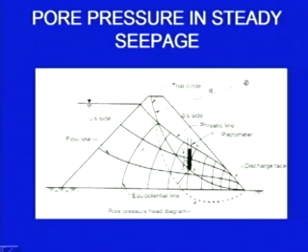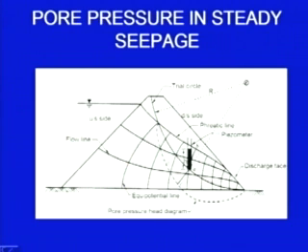So, what we do here is draw the flow net. So, this is the first flow line, or it is called the phreatic line. Then the second flow line, and this is another flow line, and these curves are the equipotential lines.